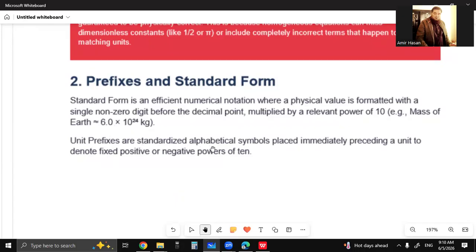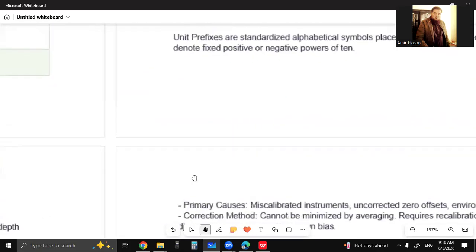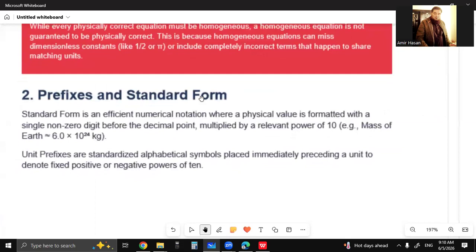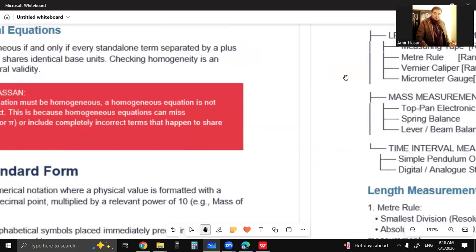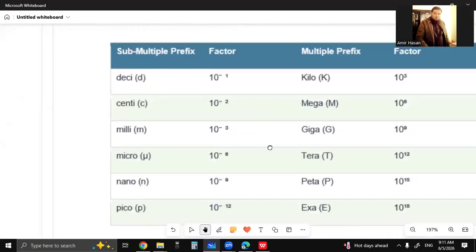Unit prefixes are standard alphabetical symbols placed immediately preceding a unit, denoting a fixed positive or negative power. Powers may be positive or negative in this situation. Now, this is the standard form, and what are the prefixes? Here you check in my notes.